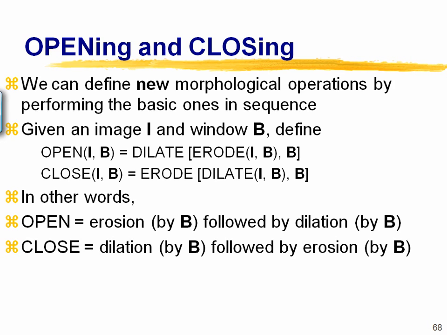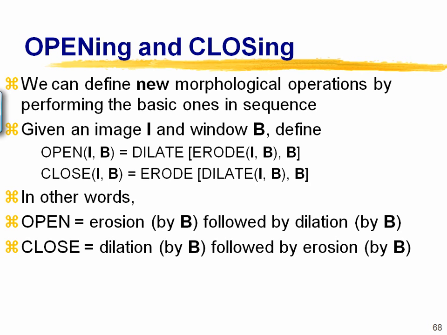Two basic things that you will tend to use quite a bit are open and close operations. Open being defined as first eroding the image with a structuring element and then dilating the image with a structuring element. Close, on the other end, is being defined as first dilating and then eroding the image. Okay? All operations are to be read inside out.